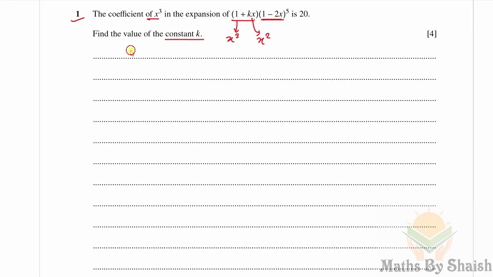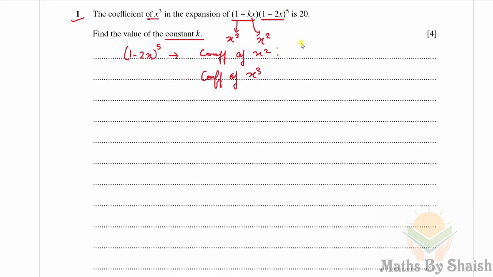It means from (1 - 2x)^5, we require the coefficient of x square and the coefficient of x cube. This is what we require. For the coefficient of x square, the first term has no x, then the second, and the third one is x square.